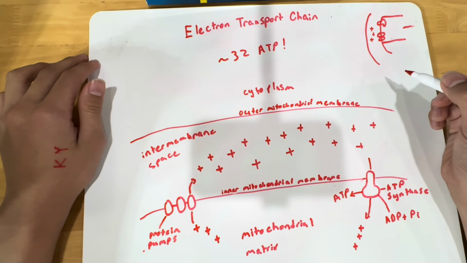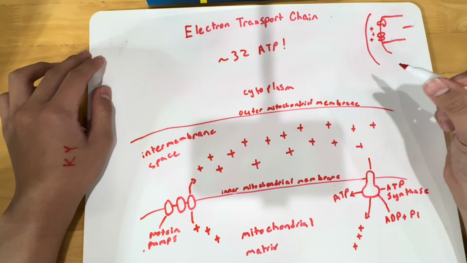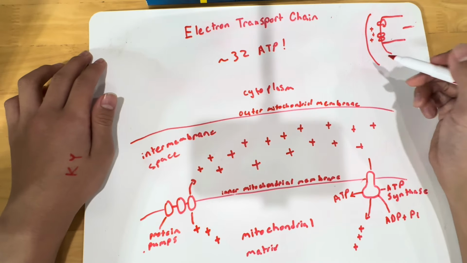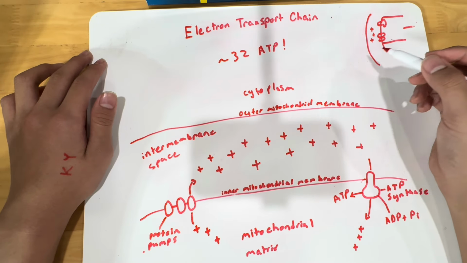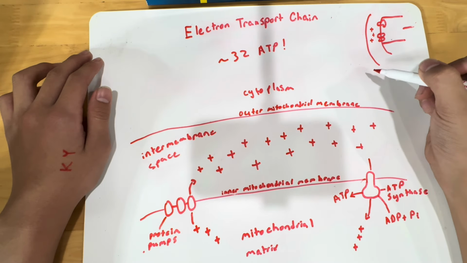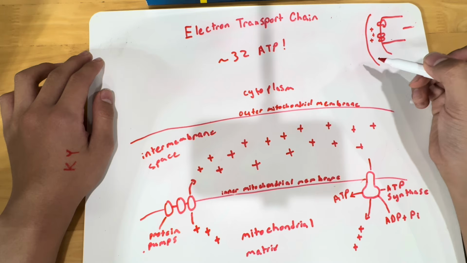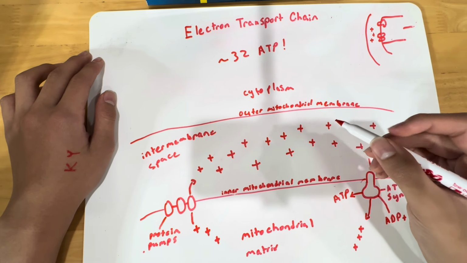The third and final stage of cellular respiration is the electron transport chain. This stage produces the most ATP out of any of the stages and happens in the inner mitochondrial membrane. There are multiple steps to this stage.